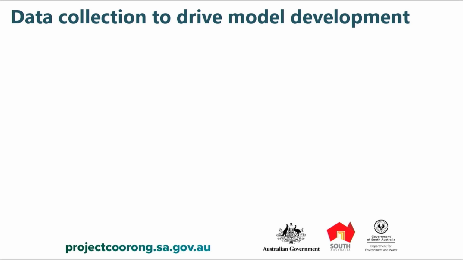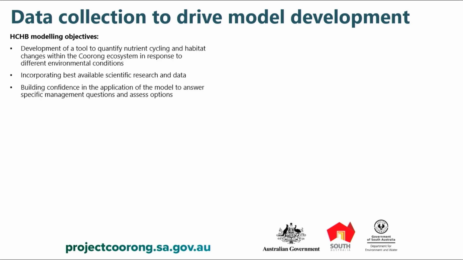So speaking to some of that data collection to drive this model development. As I mentioned, there's been a long history of modelling in the Coorong, so we had a pretty clear idea of what some of the gaps of knowledge are as they relate to our ability to model processes in the Coorong. The key ones from the modelling perspective were around quantifying nutrient cycling and habitat changes.